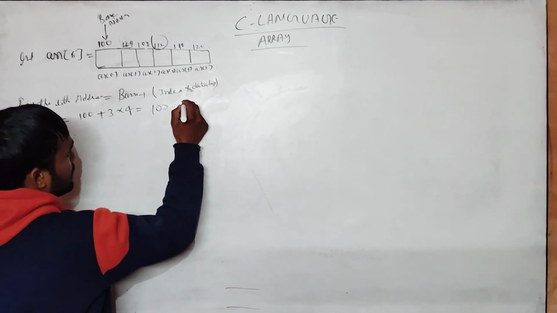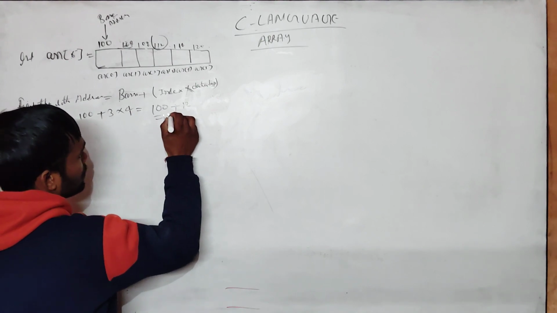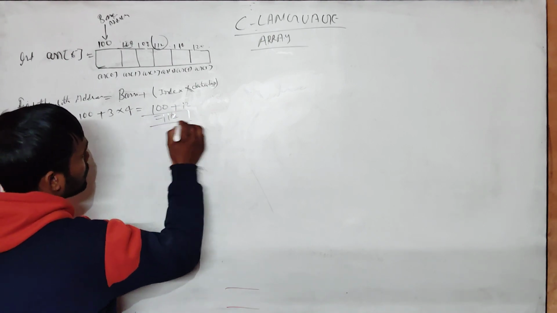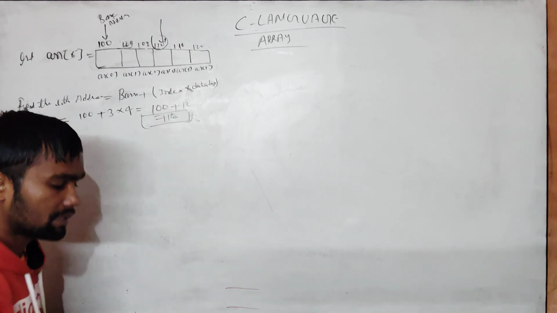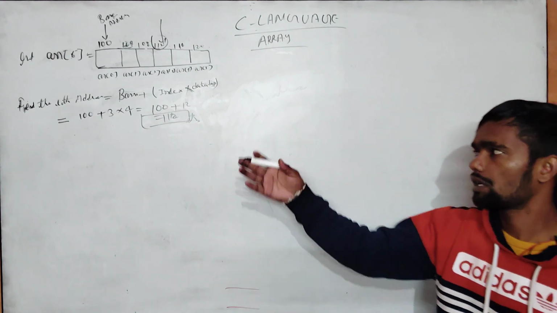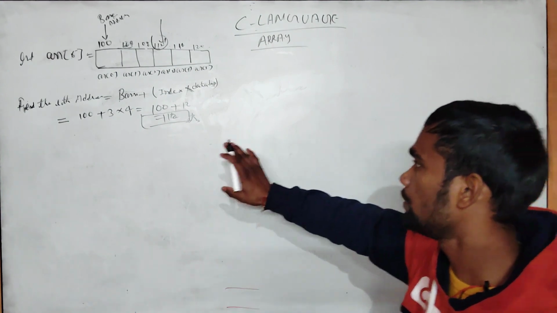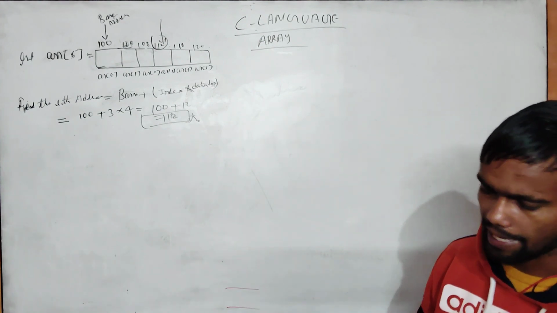If you calculate this, you will get 112. This is the ith address. You can find it the same way for character and integer arrays. Same logic, no need to change anything.